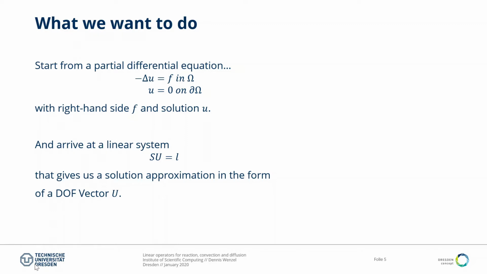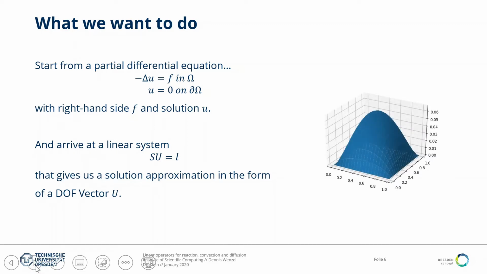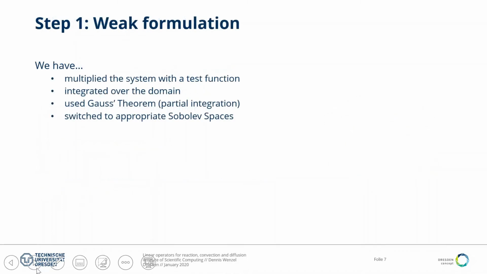Because linear systems are something that can easily be solved on the computer, so that's where we want to go. And then if you have this dot vector, it's pretty simple. You can just visualize the solution, work with it, and whatever. Okay, the open question is how to get there.